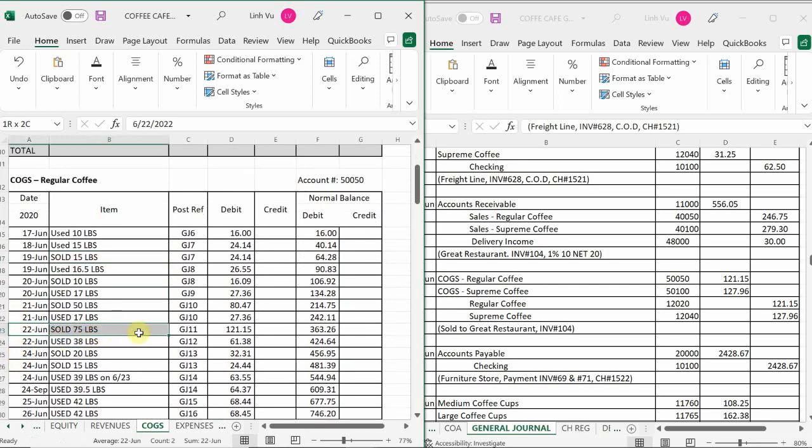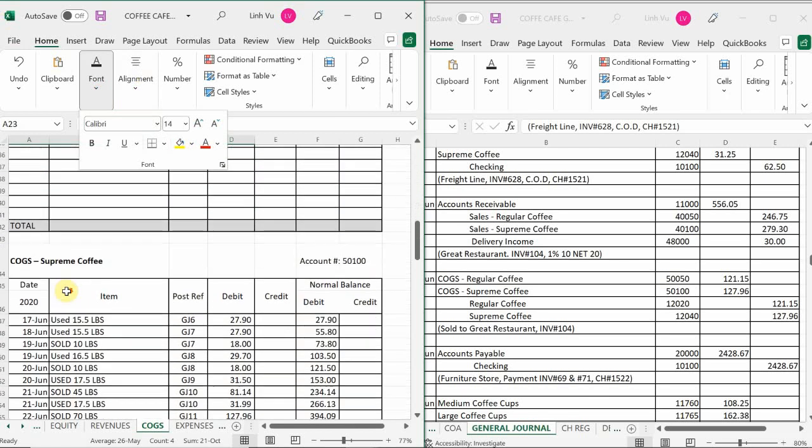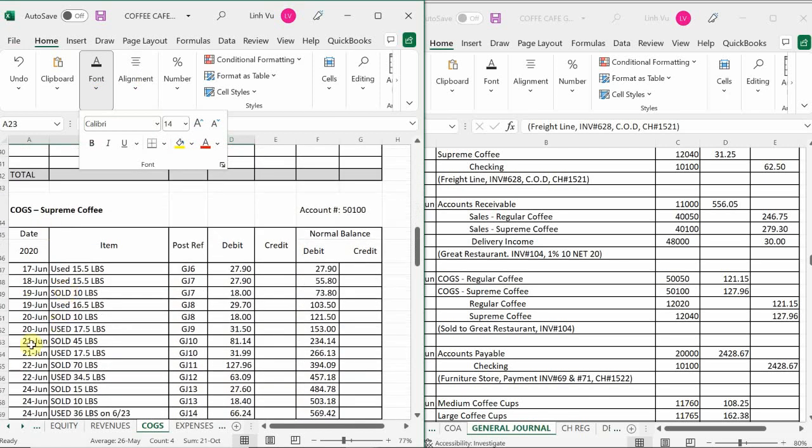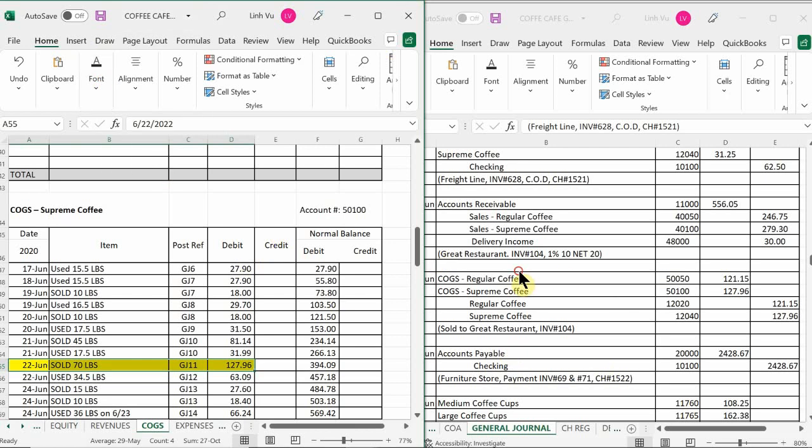So here we go. For 121, and then 127 for this supreme. Yep, 127. Okay.